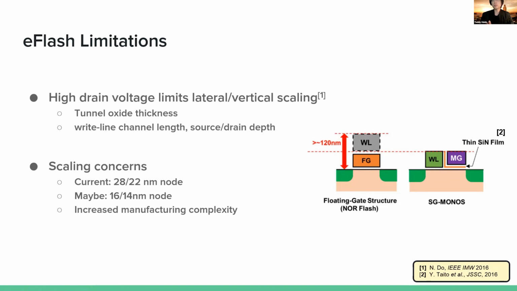The biggest problem that we see with them is just the scaling concerns. This MONOS has been shown to work at 28, and it'll probably work for 22, but if you try to squeeze it a bit below that, the manufacturing complexity just goes off the chart. As I say, at 28 it's already 9 to 18 extra masks. And if you try to cut it down even more, you're going to waste too much time and money on the embedded memory part for it to be really viable.